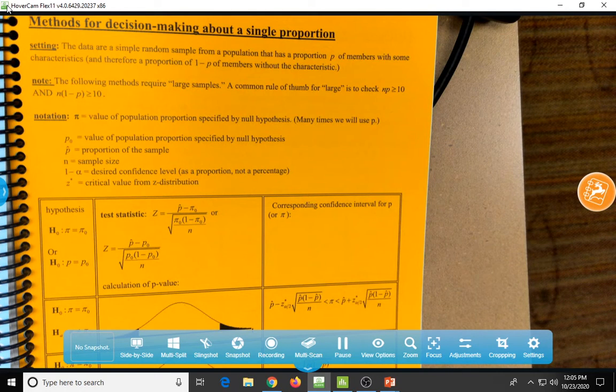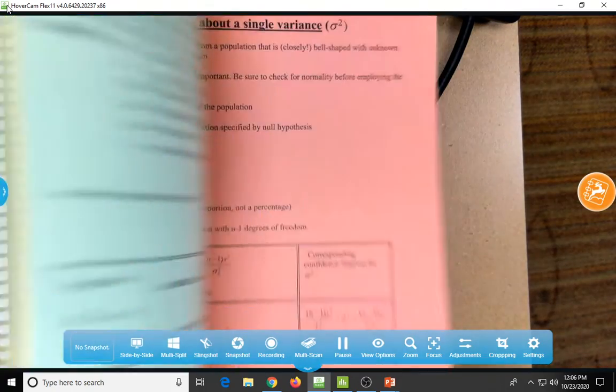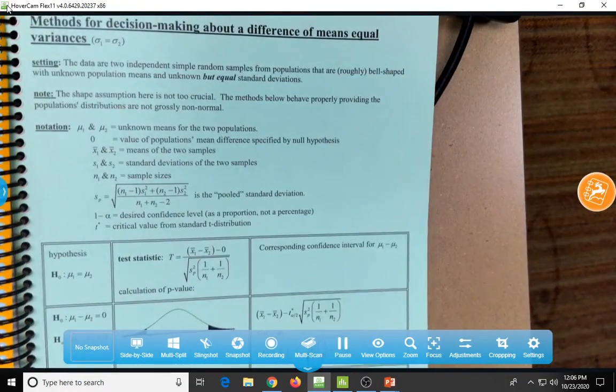It tells you what the notes are. It has to be assuming that your expected number of successes is greater or equal to 10 and expected number of failures is greater or equal to 10. Over here on the right is the confidence interval that corresponds to it, whether you want a one-sided, two-sided, or the other left-sided. The other one I would point out is maybe the forest.